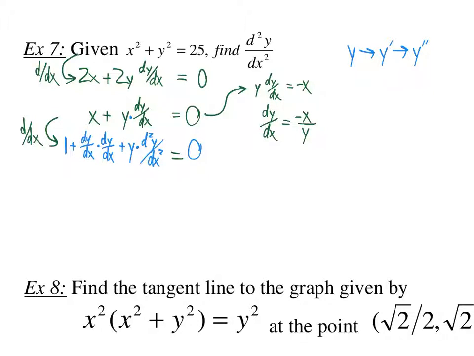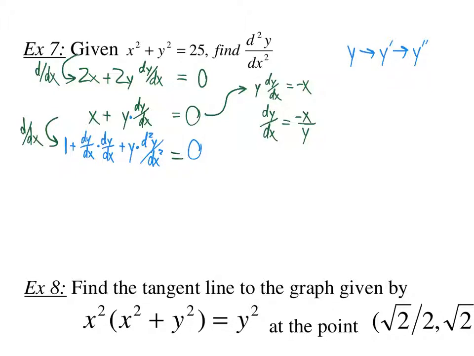In the context of related rates and implicit differentiation, this notation is a little more common. In implicit differentiation it doesn't matter as much, but when we get to rates on Monday, we definitely use this notation more often. So that's why I'm using it here.